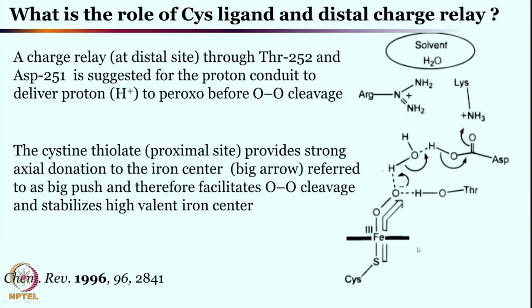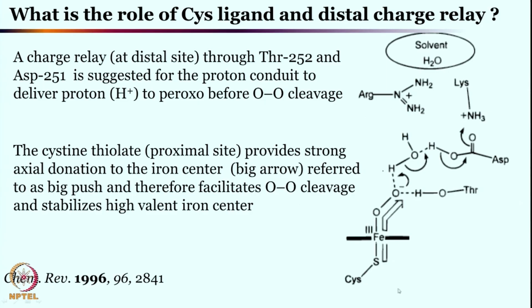Let us look at, therefore, what is the role of this cysteine ligand for this oxygen bond cleavage. Overall, as you can see, this cysteine ligation to the iron(III) center actually helps in multiple ways. One thing that it definitely helps is that in cytochrome P450 there are a lot of side chains and this proton conduit that help in protonating such an iron(III) peroxo intermediate.